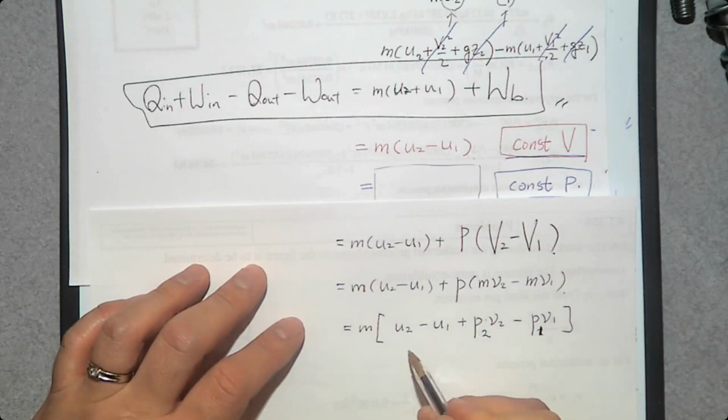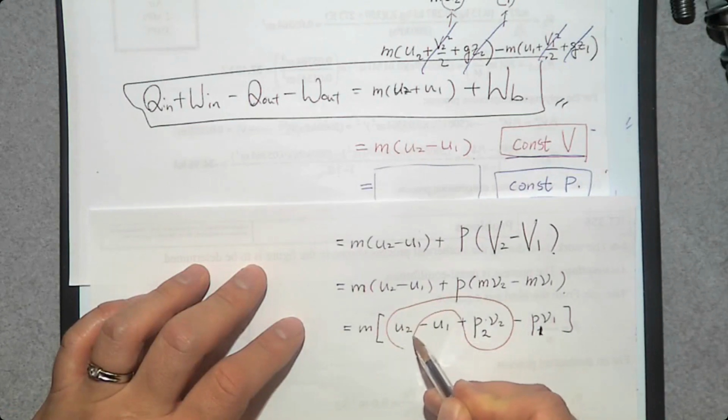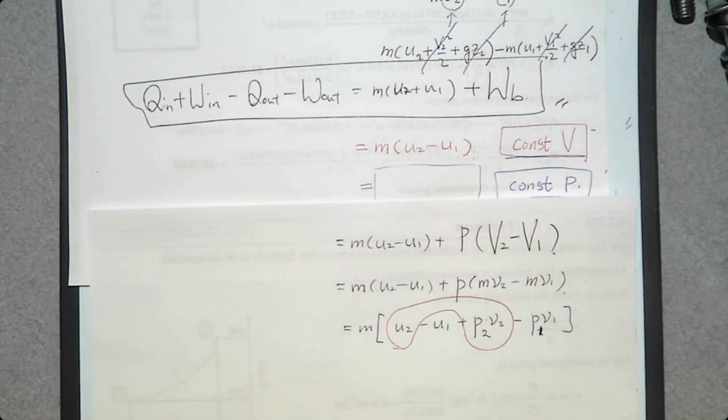Now there's a fun thing that can happen. What is this one? U2 plus P2 V2. U plus PV. Do you remember what it is? We studied it in this chapter last week, or the week before. What is U plus PV?